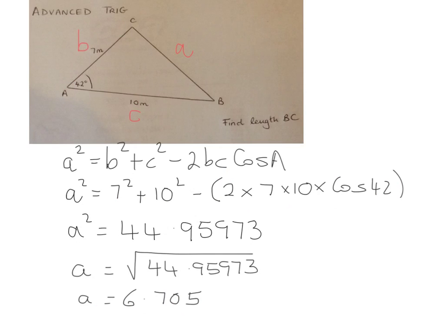So we are going to be rounding at this point here, and the 5 is going to make the 0 go up. So your answer for your length BC is 6.71. Go back up and look at the units. You can see it's meters, and you have rounded to 3 SF. That's that one done.